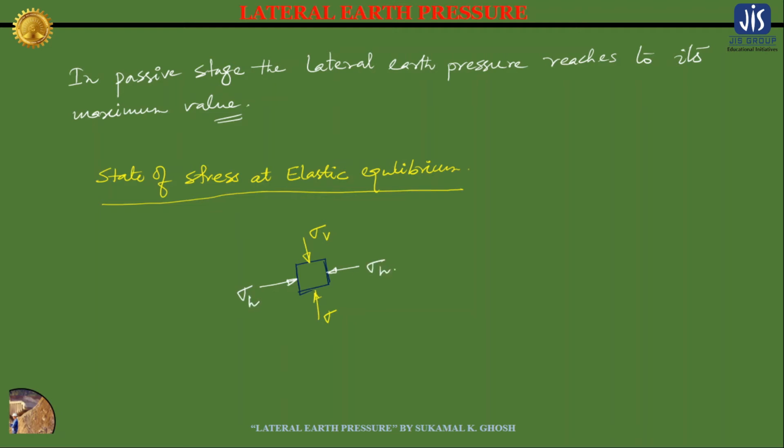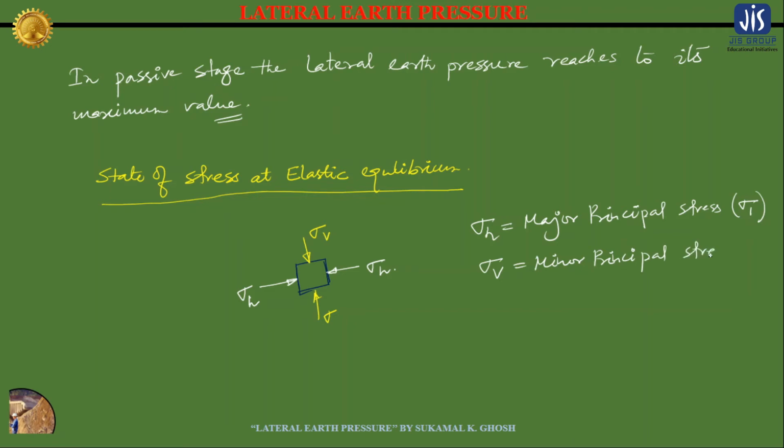Now in the analysis of the passive stage, we know that the lateral pressure is higher than the vertical stress, and that is why sigma h is the major principal stress here. It means it is sigma 1, and the vertical stress is the minor principal stress. Okay, that is sigma 3.